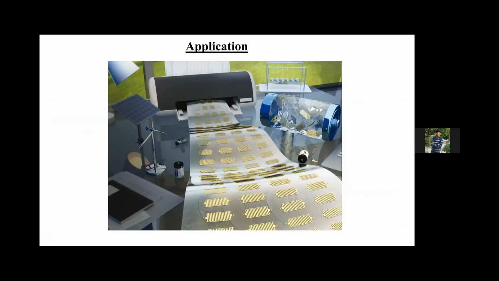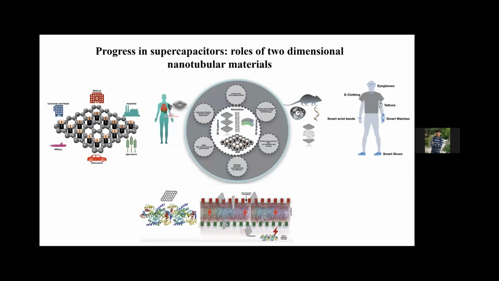So now, applications. In what dimensions can we apply our supercapacitor? As we can see nowadays, in all applications we need energy. Whether in our daily life, like our mobile phones, electric vehicles or laptops, we need energy storage.